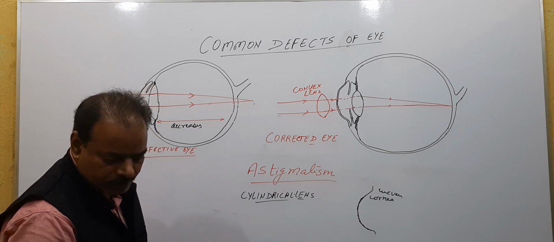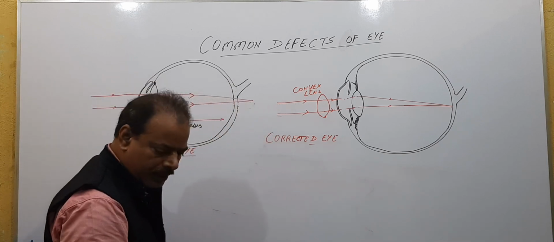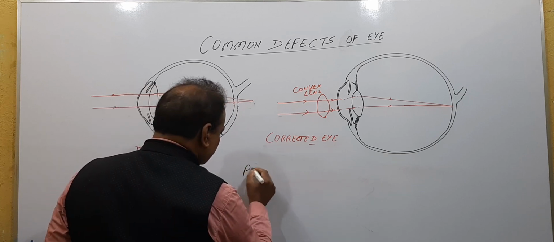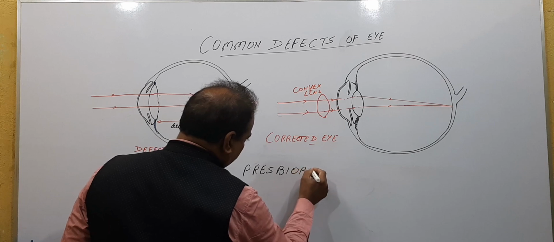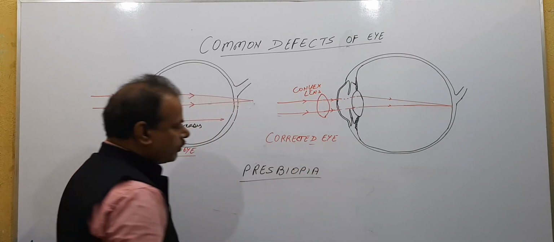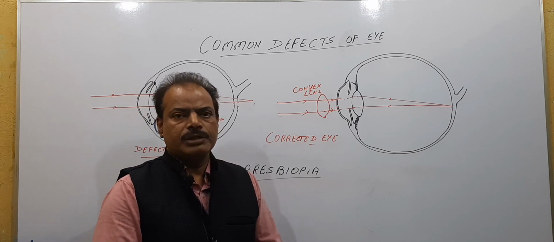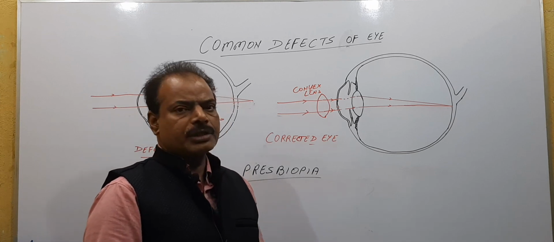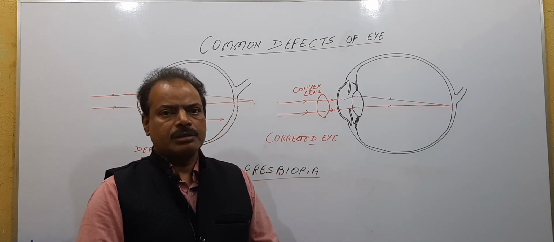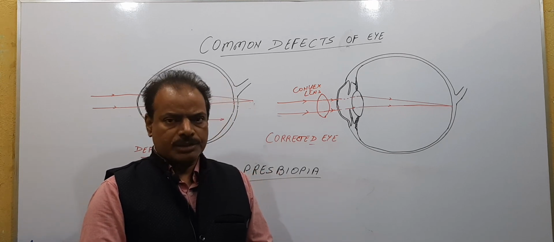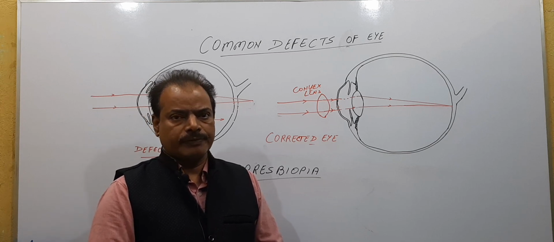After astigmatism, presbyopia. Presbyopia is an eye defect in which a person can see near objects blurred and far objects clearly.